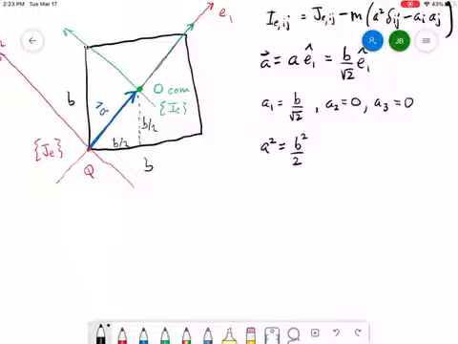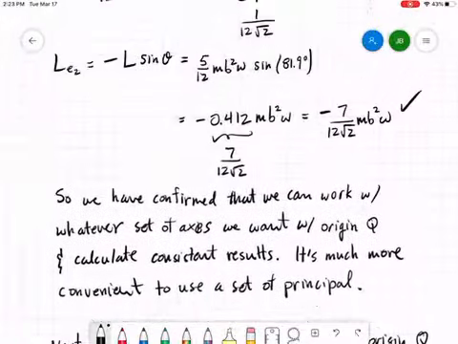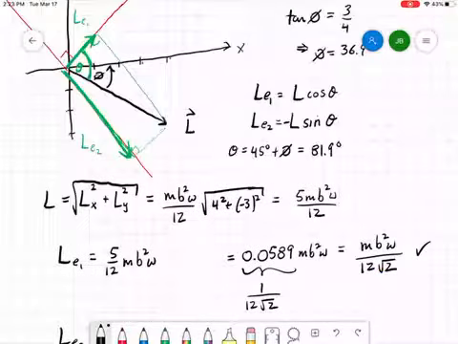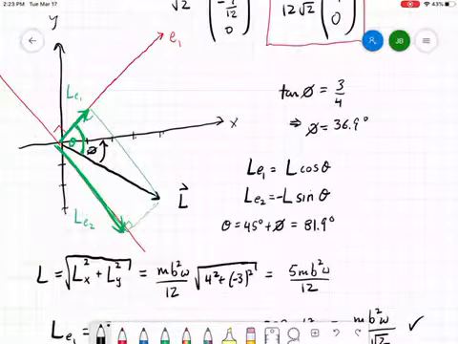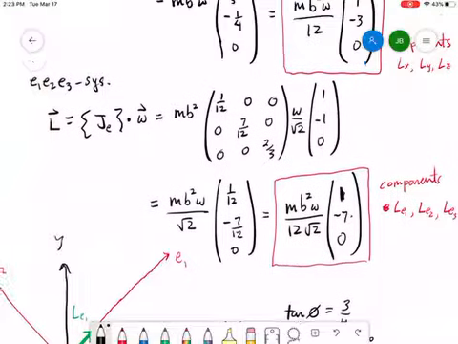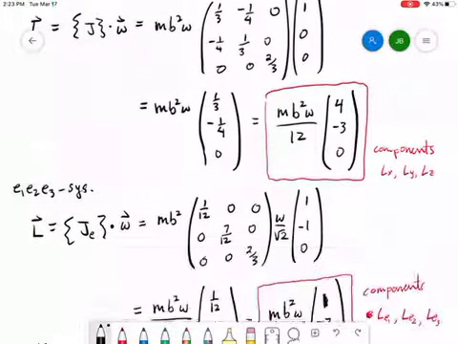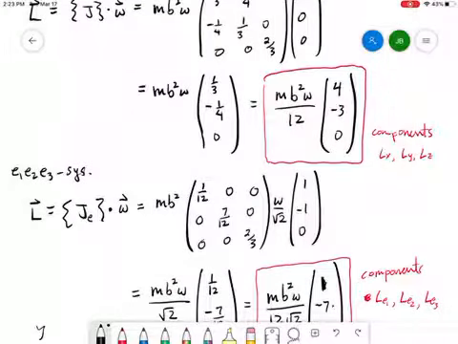So let's start with the 1, 1 component. JE11, let's go find that. Here it is. MB squared over 12.